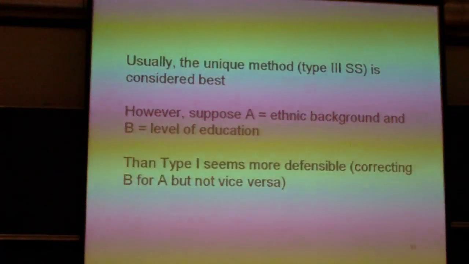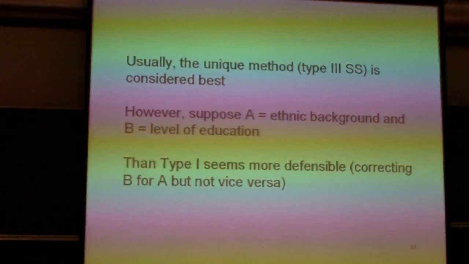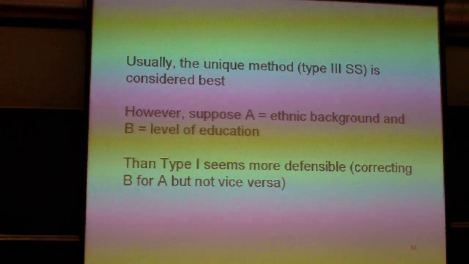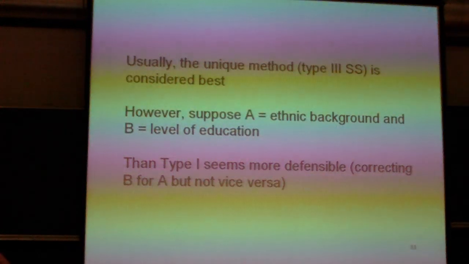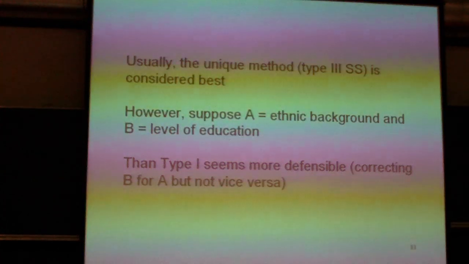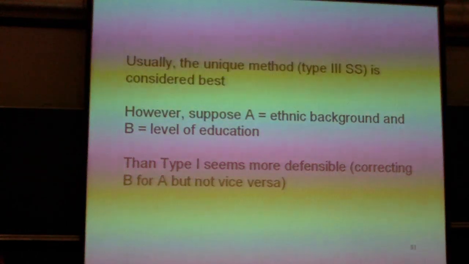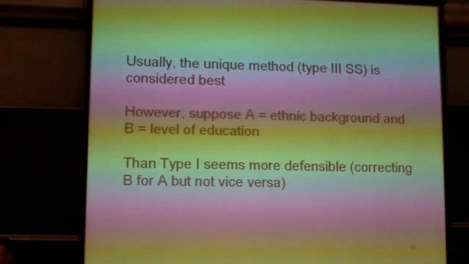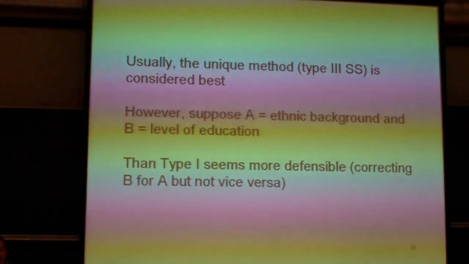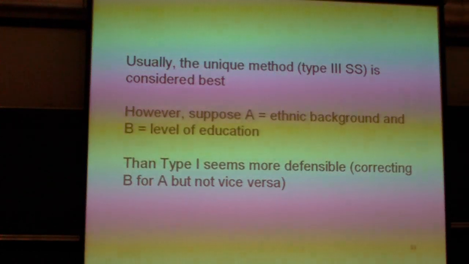For instance, let's say that A would be something like ethnic background, B would be level of education, then of course the computation of type 1 sums of squares would be more defensible than the computation of type 3 sums of squares, because A may have an effect on B, but it is impossible for B to have an effect on A. It's in the nature of things, so to speak.